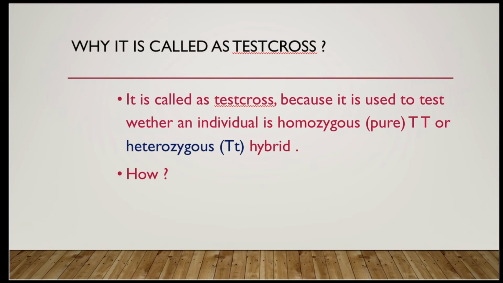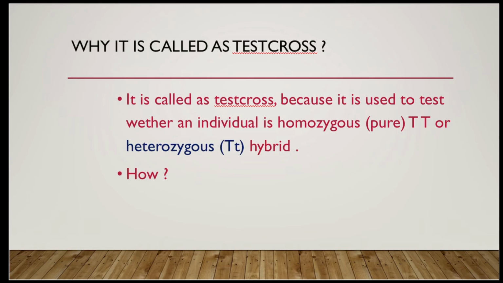Why is it called a test cross? It is called a test cross because it is used to test whether an individual is homozygous. Homozygous is when both the alleles are the same, either both dominant together or both recessive together.